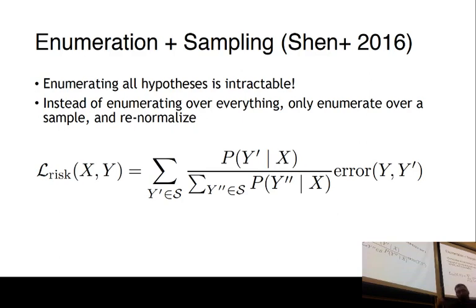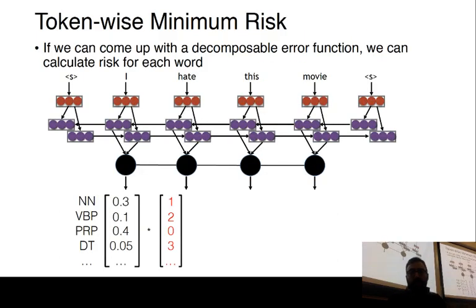Or actually, what we have done is combine the two. So you can still have your maximum likelihood loss, and eventually, after your model has learned, start using the minimum risk training so that you will also keep the probabilities of the incorrect outputs down.